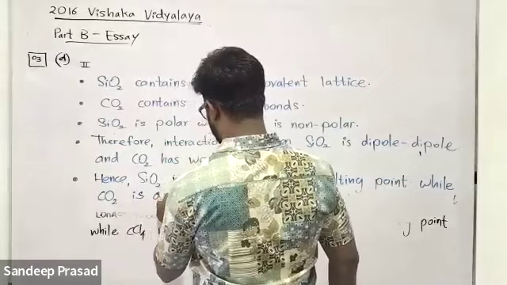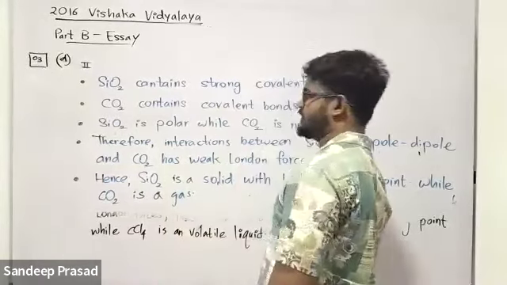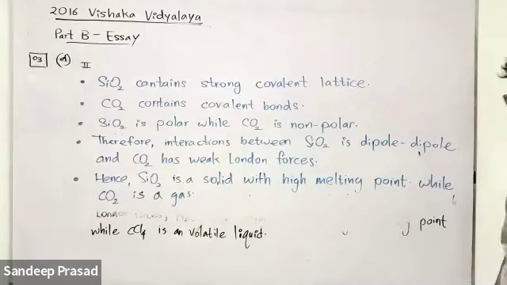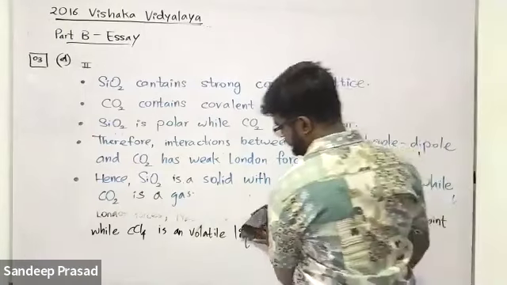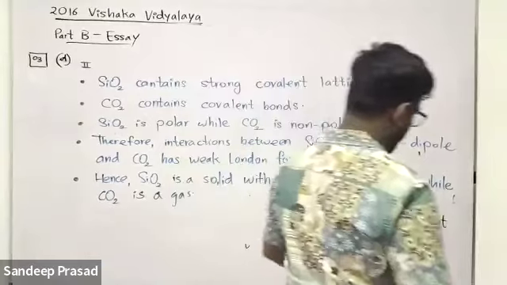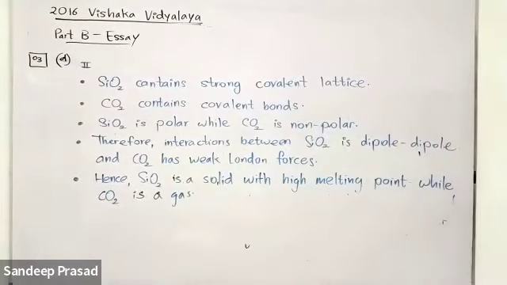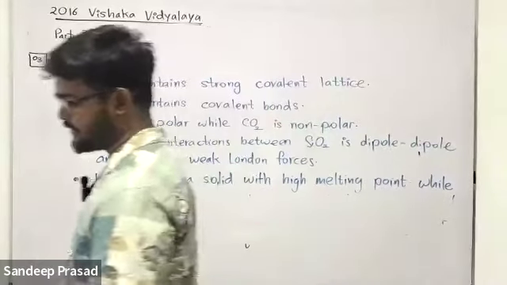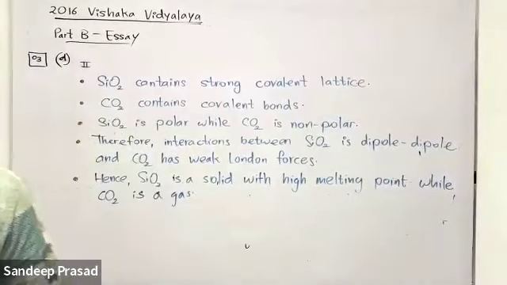So here also the main point is secondary interactions. Okay. Normally now in the examination, they are not asking these kind of statements, but who knows? Sometimes in your examination, they might ask these things.